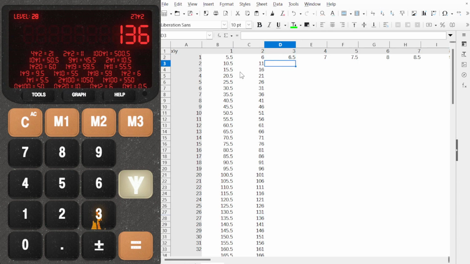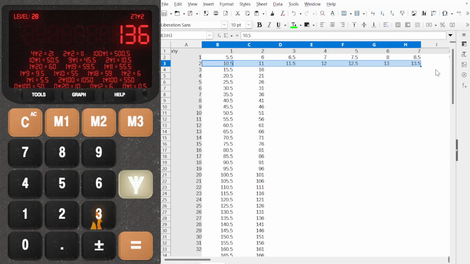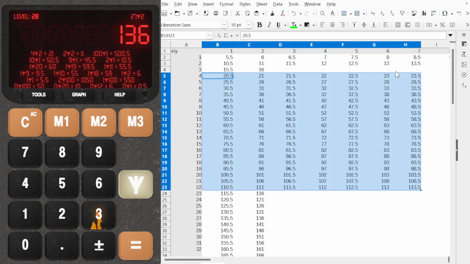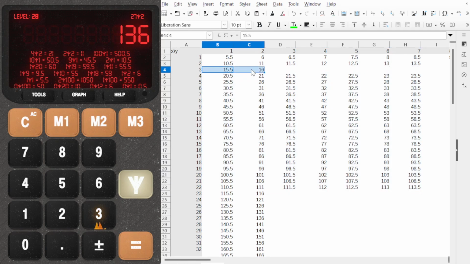I think this is mostly expected, so let's expand this. Let's expand this like that. Can I expand this like that? I think yeah. This set of data seems pretty full.